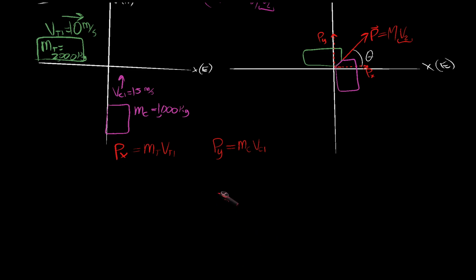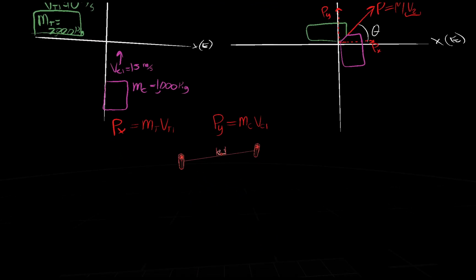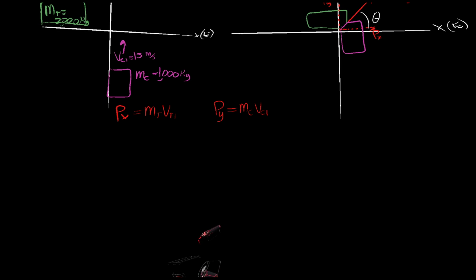So now we have our two component vectors, and we can find the magnitude like we would with any component vectors, right? We take the square root of the sum of the squares.